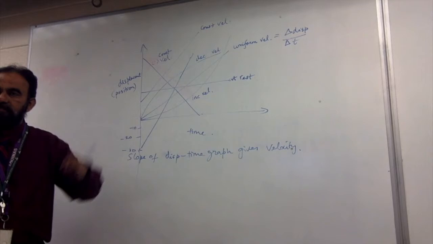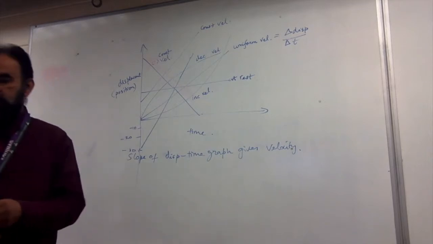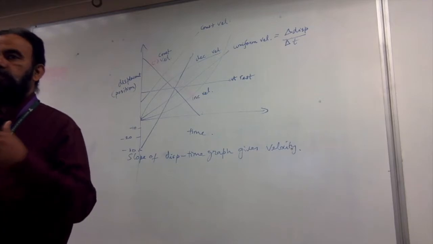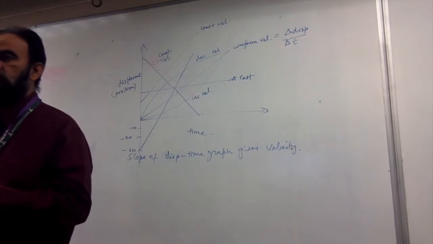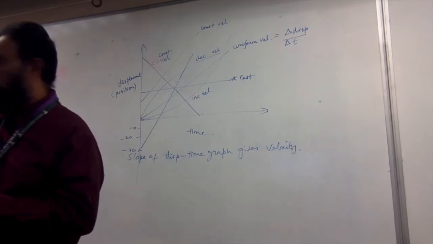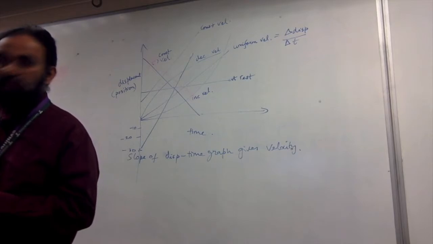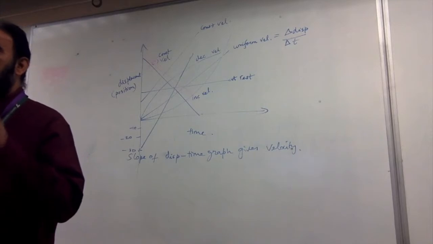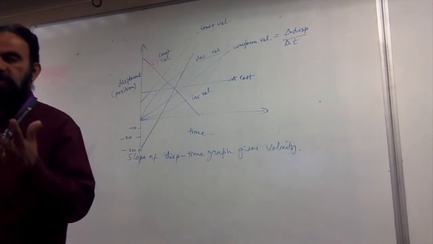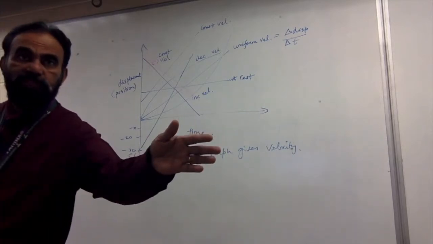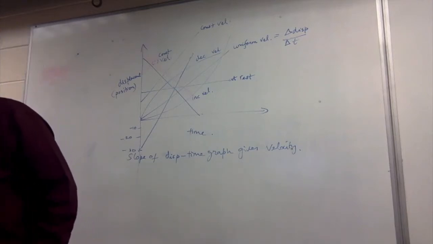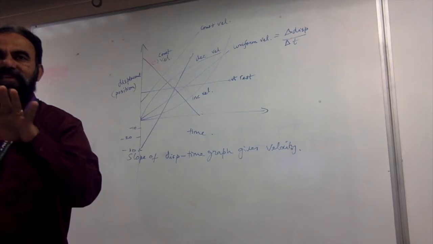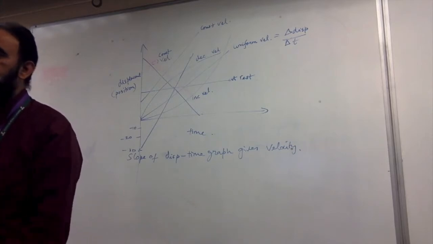You get it? An example: this is our reference point, and the car is starting from 30 meters behind and then moving in the positive direction. We use the same conventions for positive and negative, just like in a graph: positive x-axis, negative x-axis, positive y-axis, negative. We use exactly the same convention so you don't mix it up.